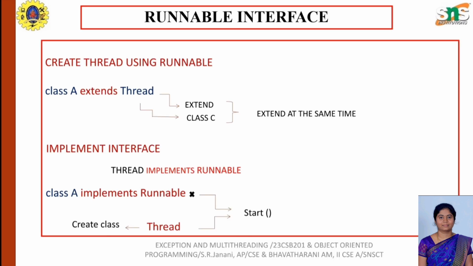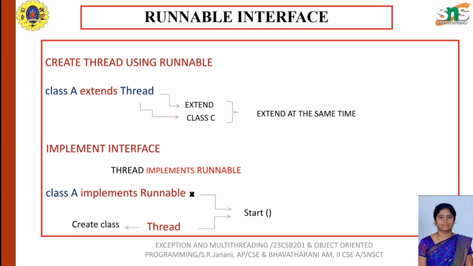The second way of creating a thread is the Runnable interface. Creating a thread by implementing the Runnable interface is needed because class A extends Thread, so Thread has to be extended as well as the other class at the same time. So we are introducing the Runnable interface, implementing Runnable.